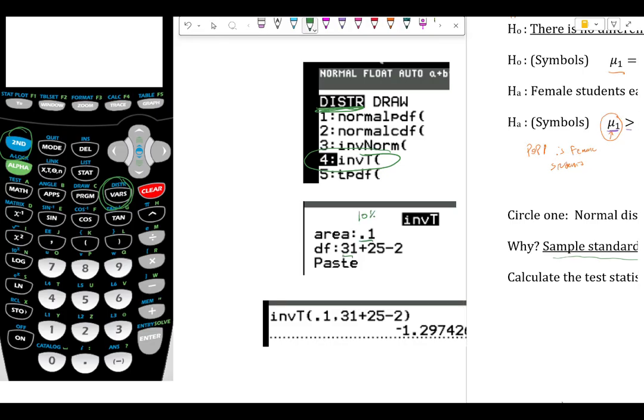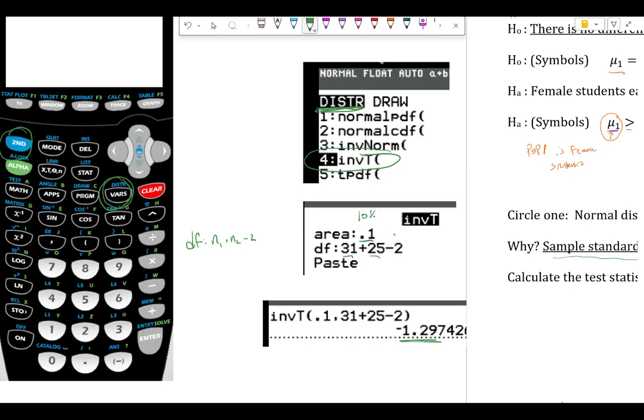We know that the sample size of the females is 31, the sample size of the males is 25, and the degrees of freedom formula is n1 plus n2 minus 2. So we could actually do that calculation. 31 plus 25 is 56, minus 2 is 54, or we could just leave it in equation form. And we'll get negative 1.297 or negative 1.30.